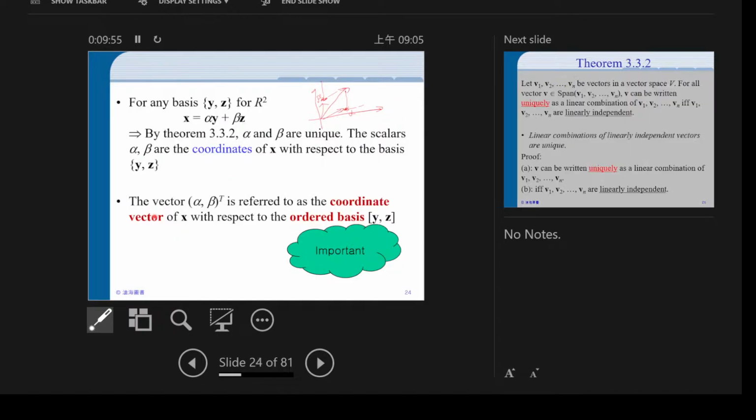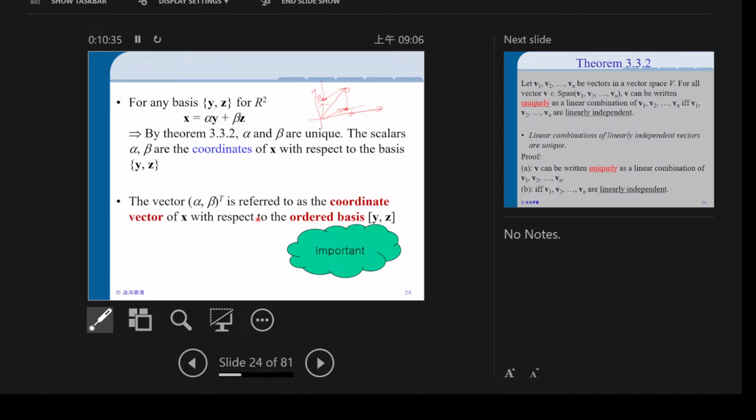So whenever we have a basis, any vector can be written as a unique linear combination of the basis vectors. The linear combination has coefficients, and the list of those coefficients is called the coordinates. We put this list into a column vector, called the coordinate vector of your original vector x with respect to this ordered basis y, z.